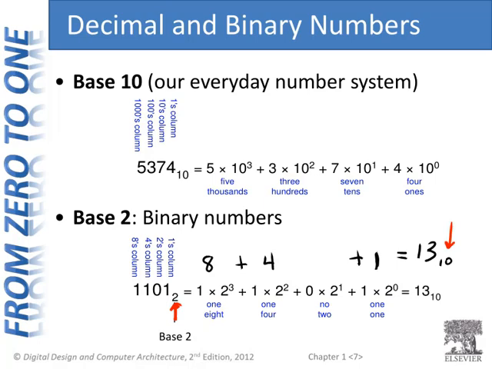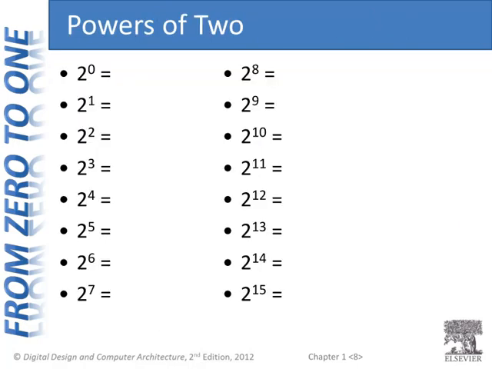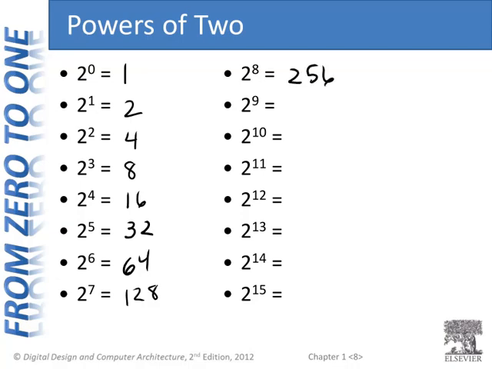So one thing you'll notice when we're dealing with binary numbers is these powers of 2 are really important for us to understand and really be able to recall pretty quickly. So knowing these powers of 2 is one thing you want to start with getting familiar with and just practicing. So 2 to the 0, 1, 2 to the 1, 2, 2 to the 2, 4, 2 to the 3, 8, 2 to the 4, 16, 2 to the 5, 32, 64, 128, 256, 512, 1024, and really that's kind of all you need to know.